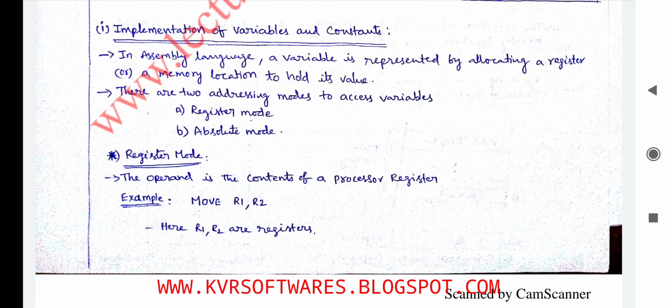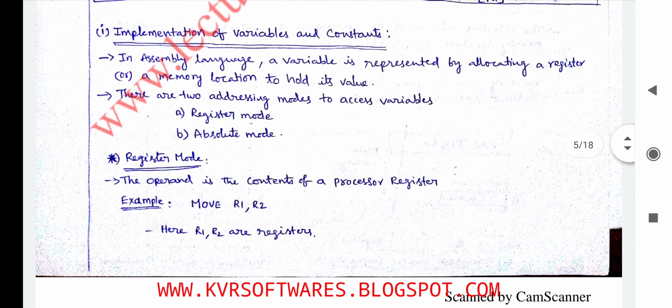First, the implementation of variables and constants. How can we implement the constants and variables? In assembly language, a variable is represented by allocating a register or a memory location to hold its value. Hope you know the variable.